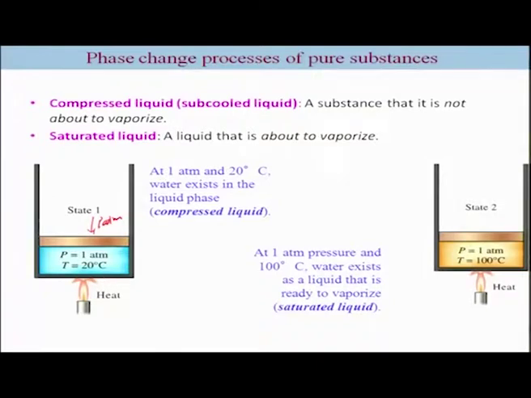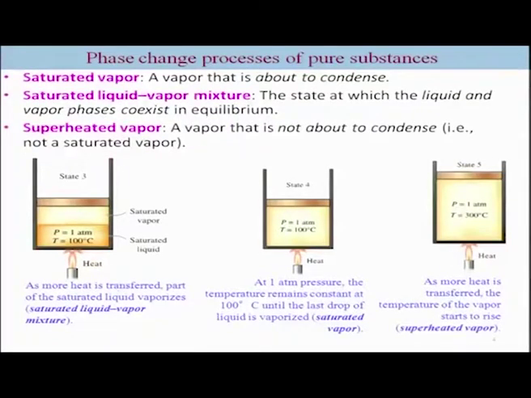When you heat it up such that the temperature rises to 100 degrees Celsius, at this point the first few bubbles of vapor form, or in other words the liquid starts to vaporize. At this condition, the liquid is saturated, and it continues to vaporize until it completely vaporizes, that is in state 4. State 3 is an intermediate state, where a certain part of the liquid gets vaporized.